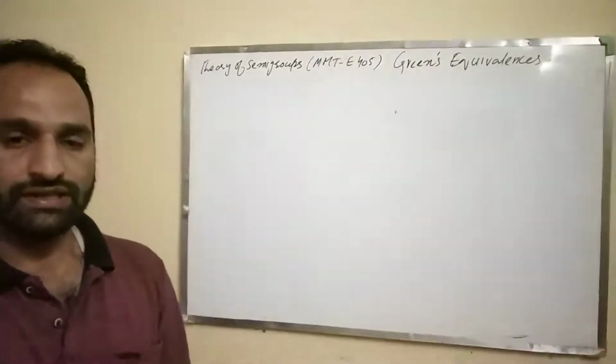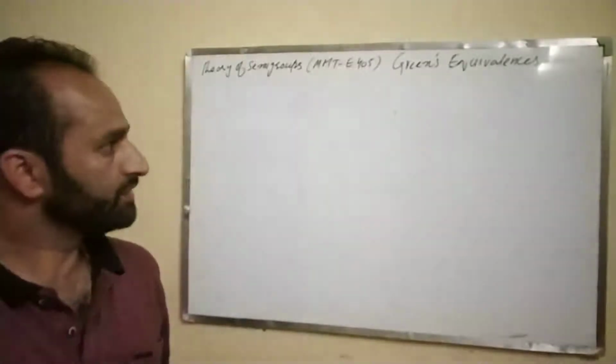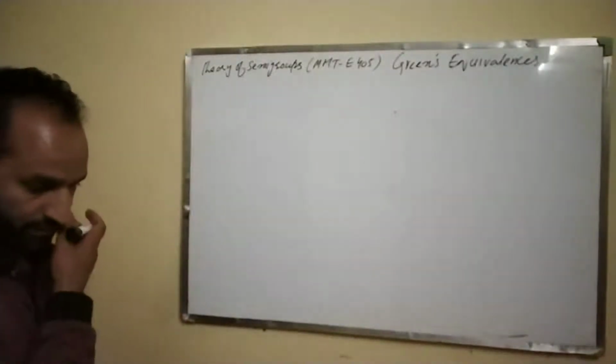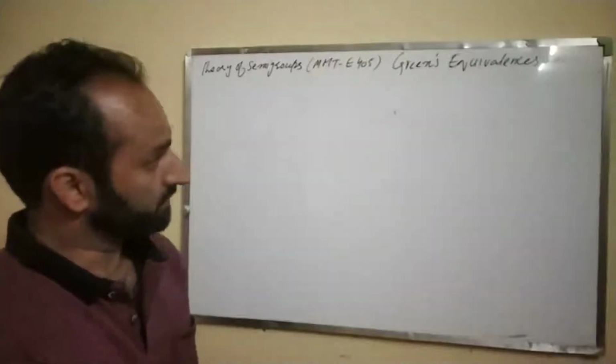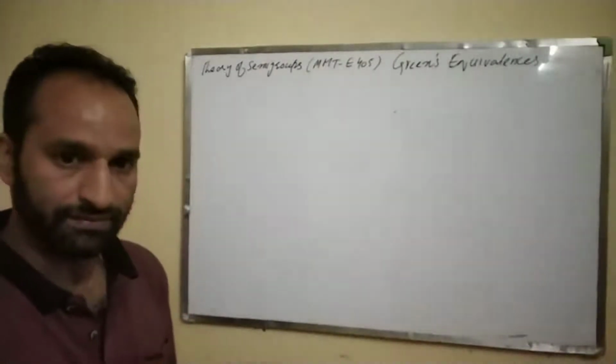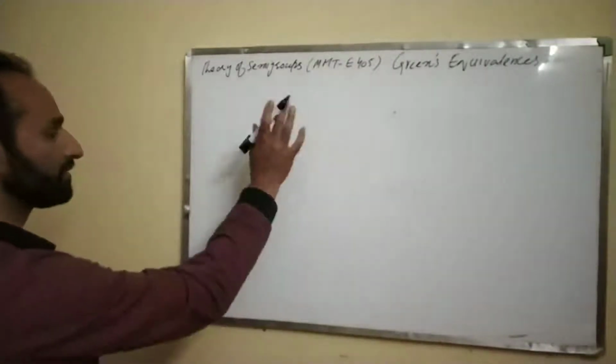First we recall the minimal element of a partially ordered set, because we are using that in our coming results. So let's recall that.